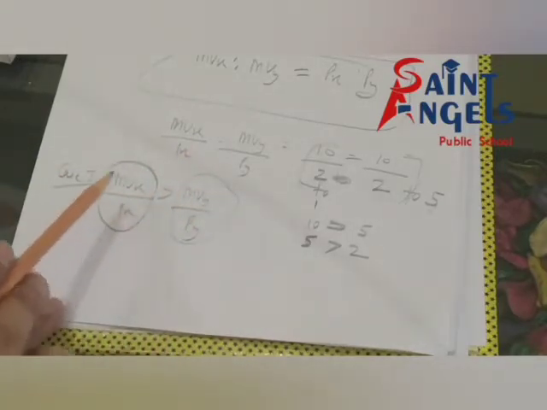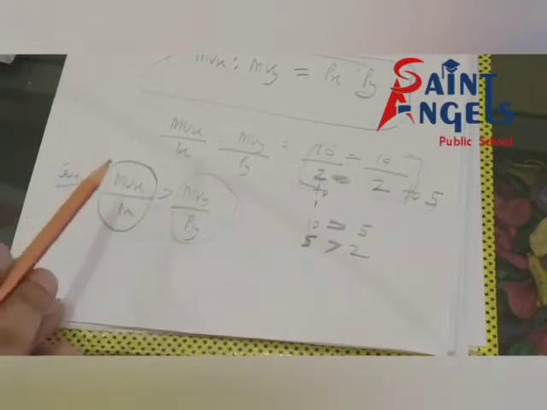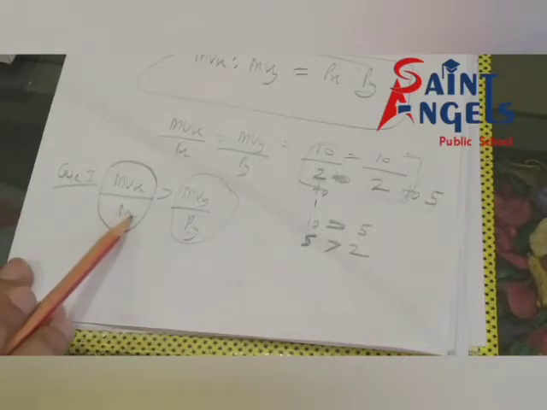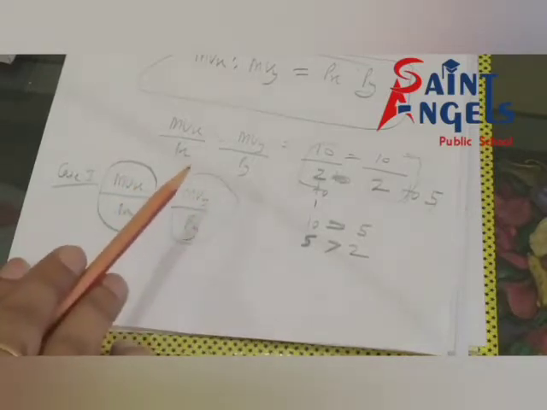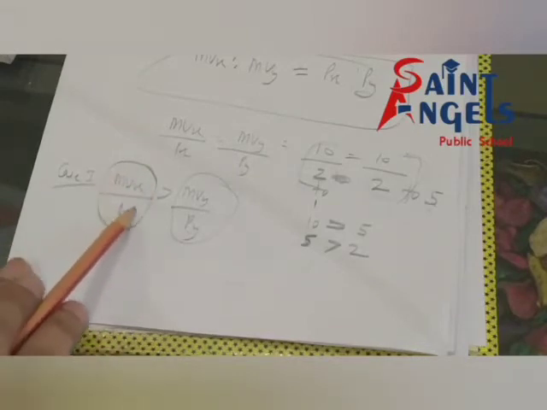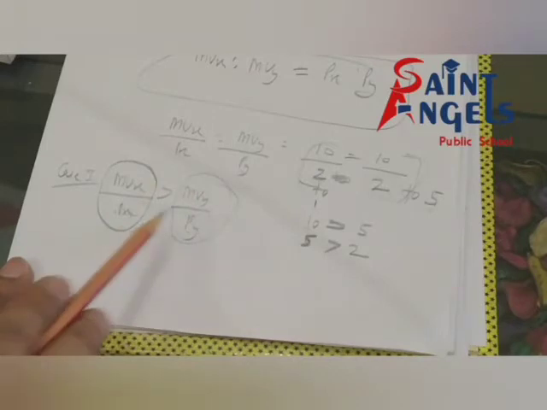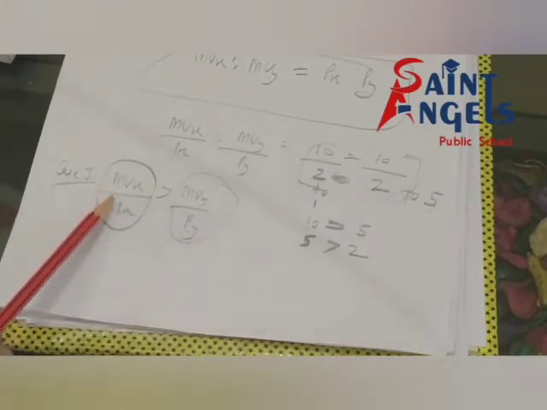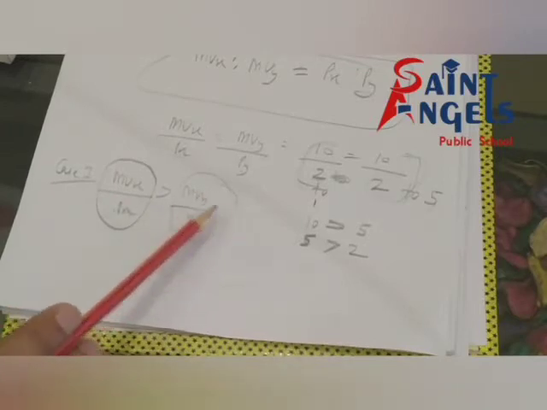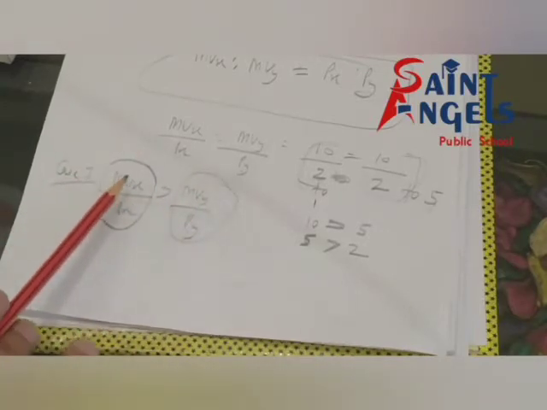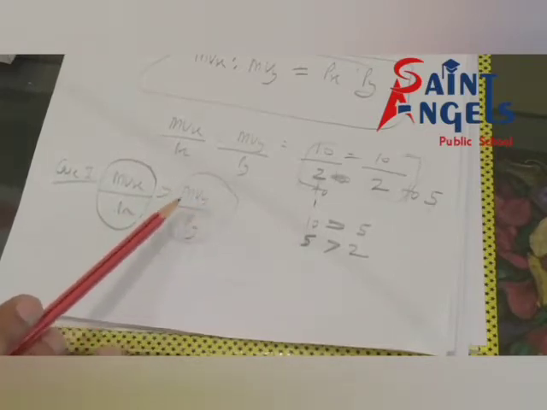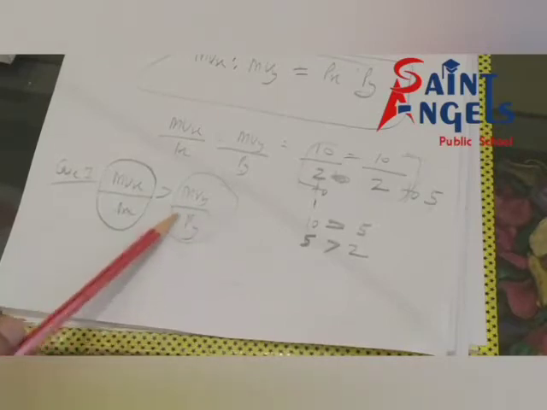But here we are purchasing more units of good X. It means that marginal utility of good X will decrease, and marginal utility of good Y will increase, because we are purchasing more units of good X and less units of good Y. This process will continue till marginal utility of X upon price of X is equal to marginal utility of Y upon price of good Y. I hope all of you have understood.